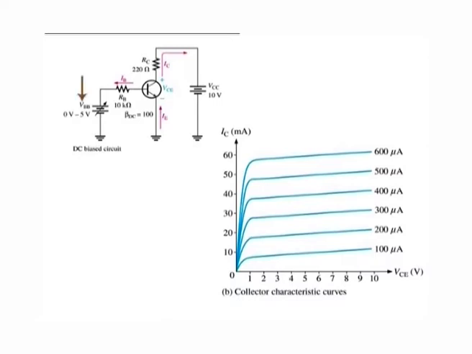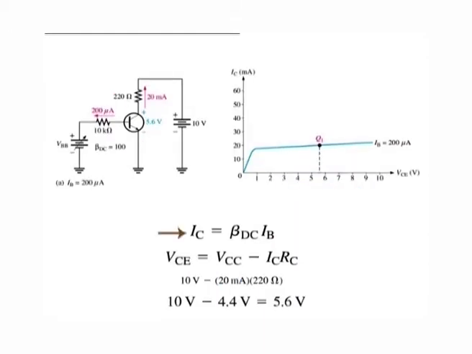First, VBB is adjusted to produce an IB of 200 microamperes as shown in figure. Since IC is equal to beta DC times IB, the collector current is 20 milliamperes as indicated in the figure, and VCE is equal to VCC minus IC times RC.